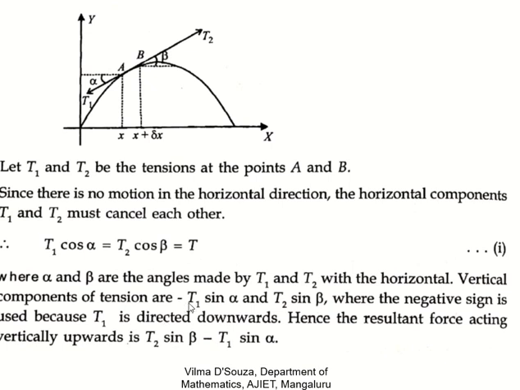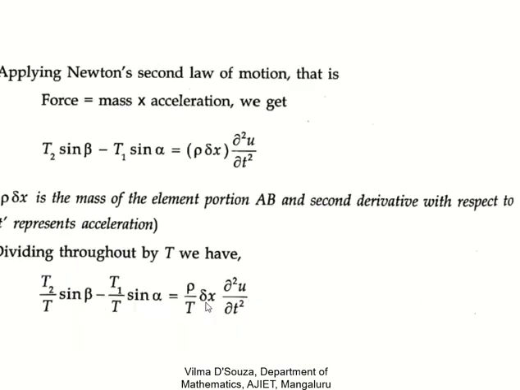Hence the resultant force acting vertically upwards, the total resultant force, is T2 sin beta minus T1 sin alpha.